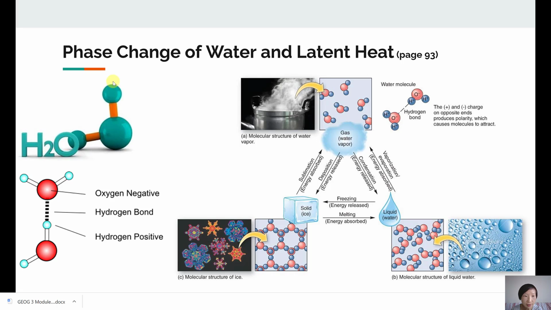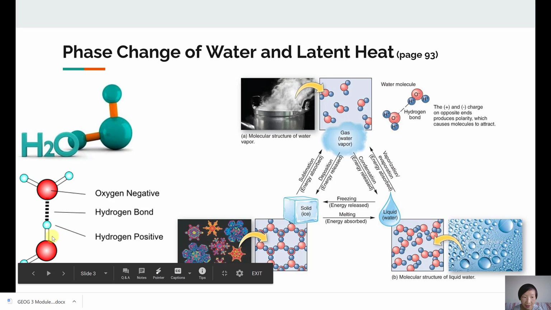So here is the water molecule. You have this molecular structure. You have this oxygen atom. This is a hydrogen atom. The oxygen atom carries a negative charge, but the hydrogen atom carries a positive charge. So here the different phases are actually very simple.